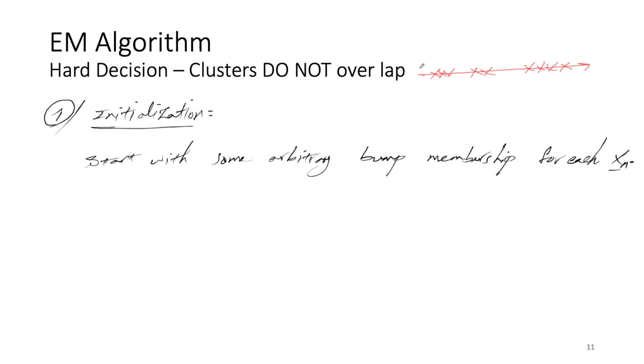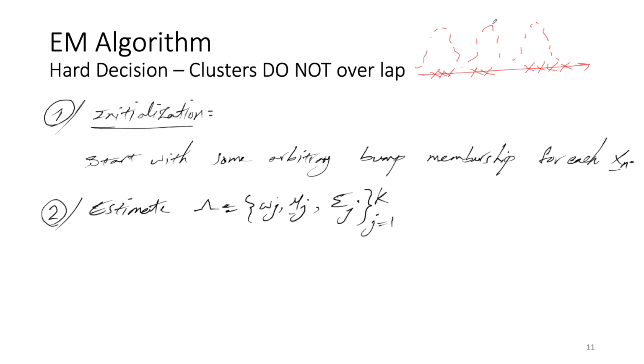So we just randomly generate some bump membership for each of the xn. So we assign them to each of those. Okay. Then we estimate a Gaussian distribution formed by this data, using the parameters that we need in order to have a Gaussian distribution: W's, mu's, and covariance for all those j's. So in this case, k was 3, right?